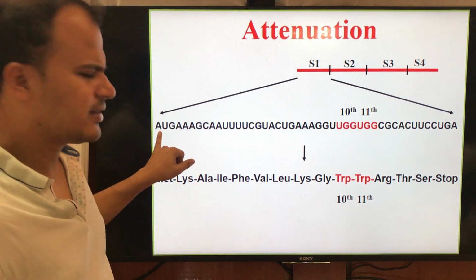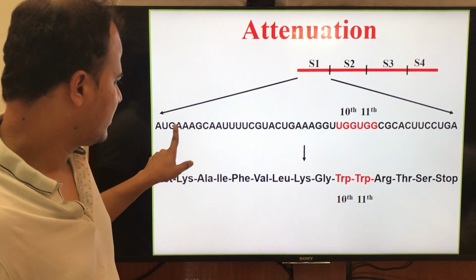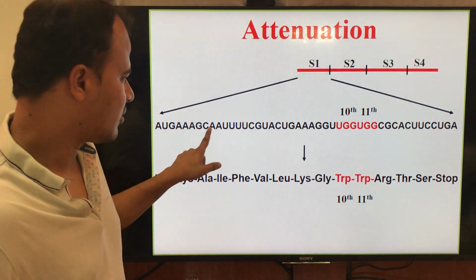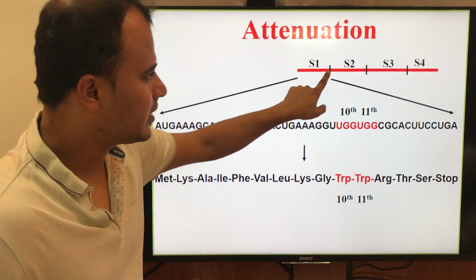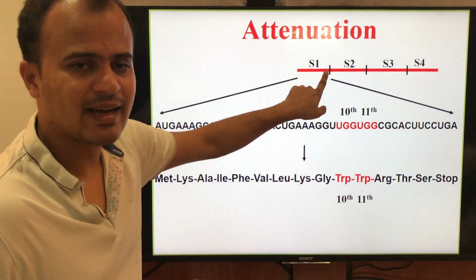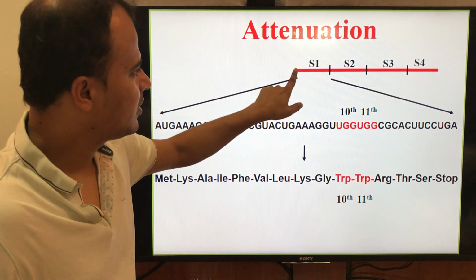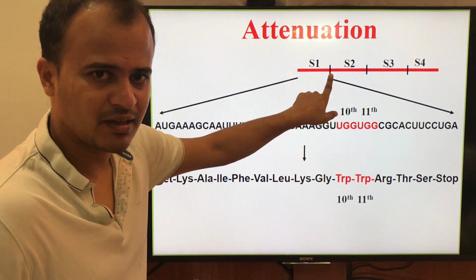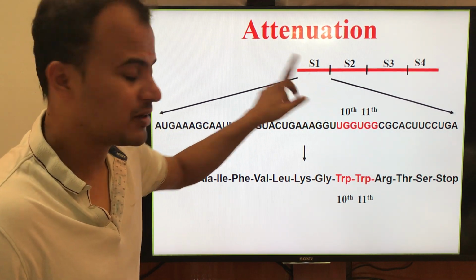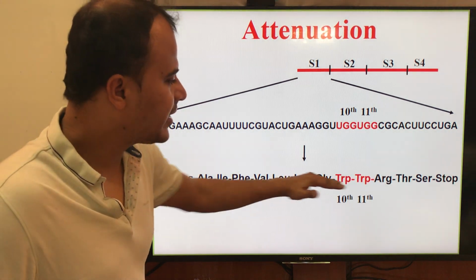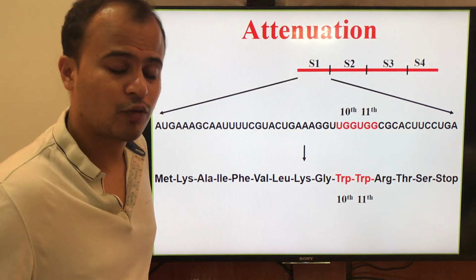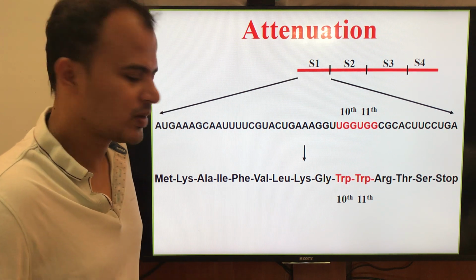You can see that there is an AUG codon followed by AAA followed by GCA, and so on. If S1 is recognized by the ribosome, when it undergoes translation, it gives rise to a 14 amino acid polypeptide chain, a 14 amino acid peptide.